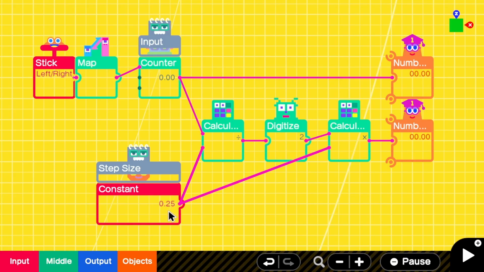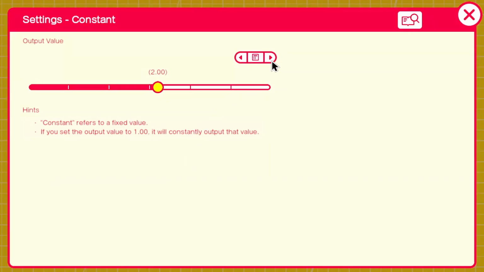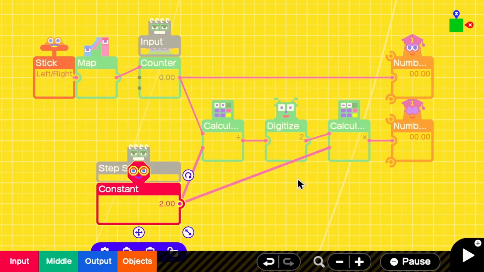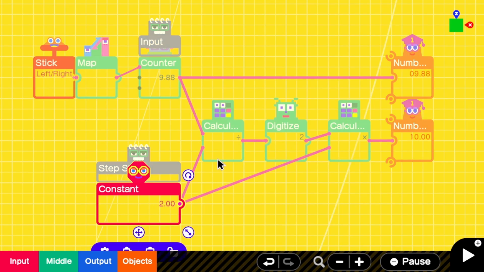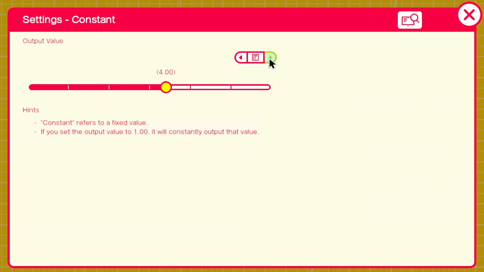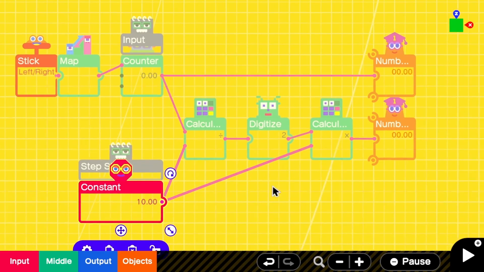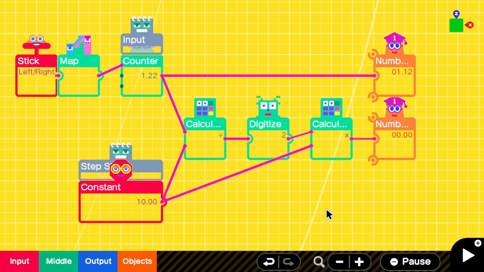So instead of any number between 0.02 and 1, we can change it to say 2. Now with this setup, we can round to the nearest 2, or the nearest even number, which we could not do before. Or we can change it to whatever we want, let's say 10. Now we have a system that rounds to the nearest 10.